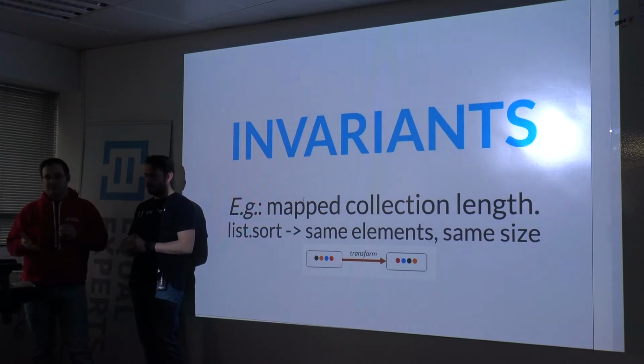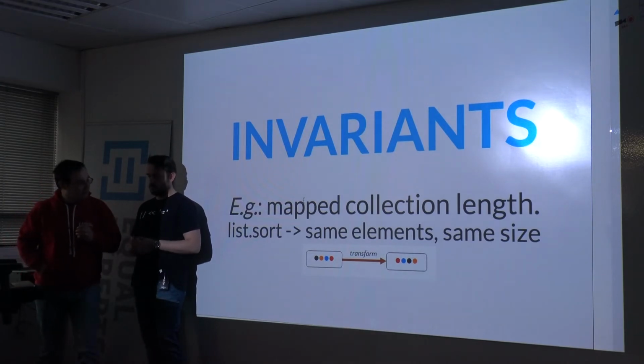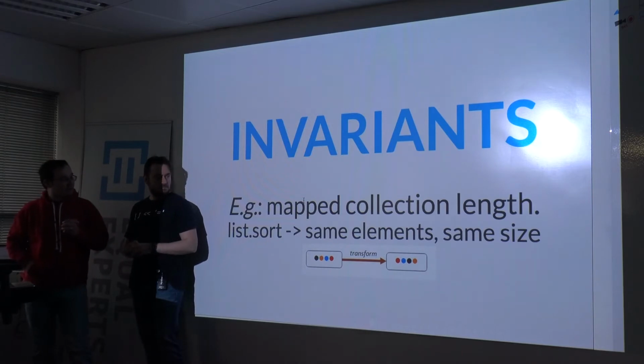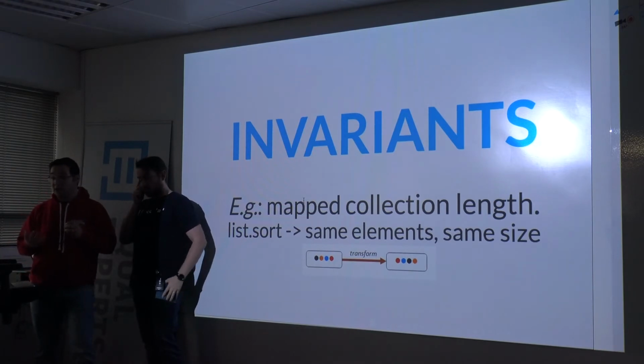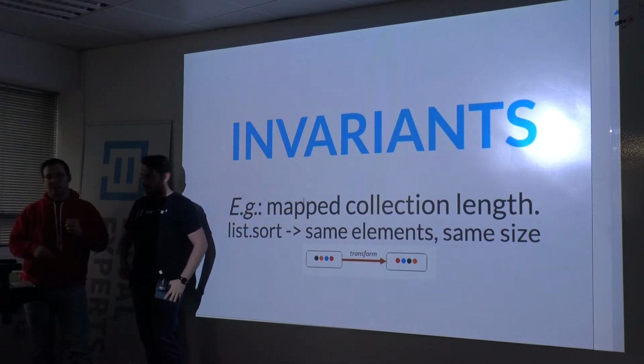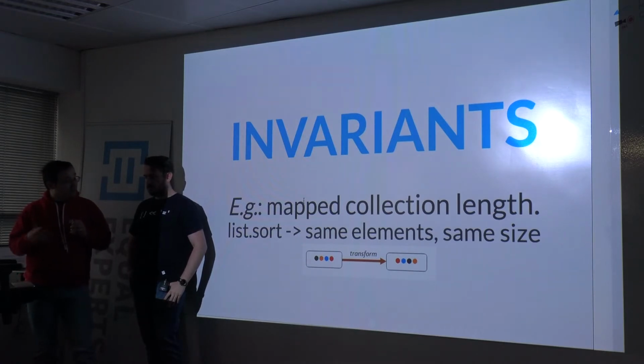Invariants. In the beginning we mentioned the list example, but there are things that should never change in our domain, regardless of what happens. For example, if we sort the list, it must have the same elements. They must be in order. The size is the same.